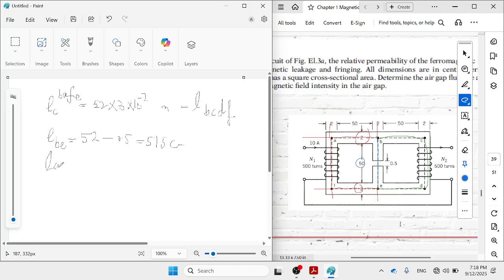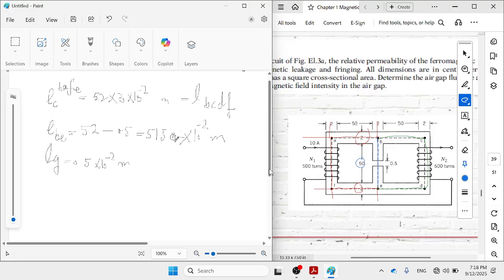And the length of the gap is exactly 0.5. We have to convert this one, times 10 to the minus 2 meter. For this one also times 10 to the minus 2 meter. Correct? Yes.